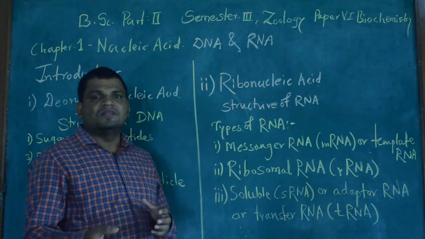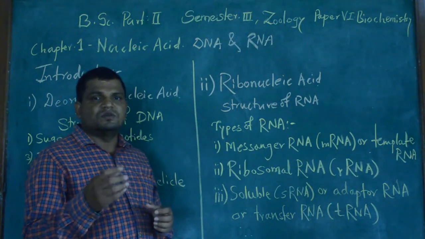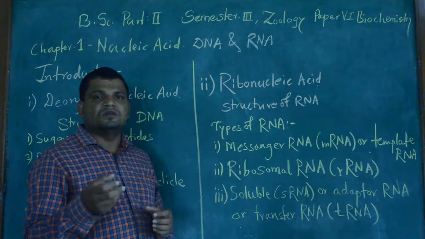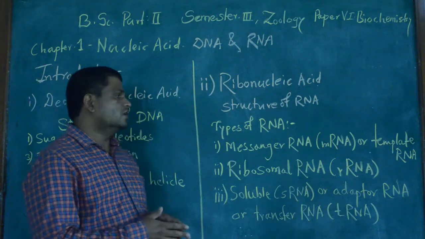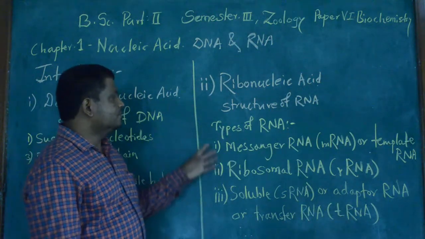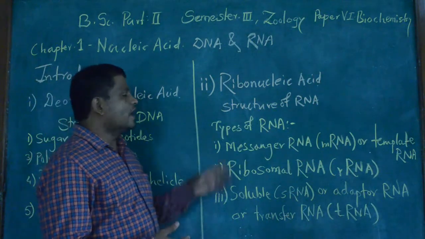While reading the anticodon sequences, the amino acids are transferred, and they form the polypeptide units. Such a process is related with the RNA.